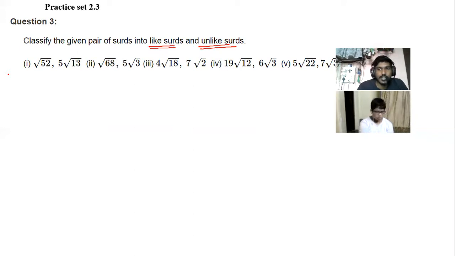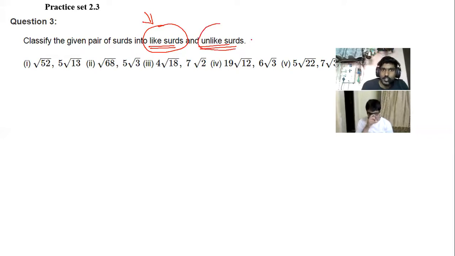What is a radicand? The number inside the radical sign is called a radicand. So if two surds have the same radicand, they are called like surds. If they do not have the same radicand, they are called unlike surds.